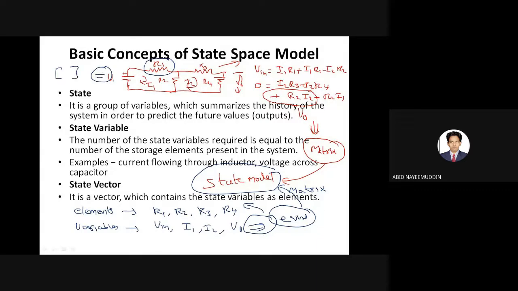Using KVL or KCL, you write the equations, and then represent those equations in matrix form. Two steps: first write the equations, second represent them in matrix form. That will give you the state model.